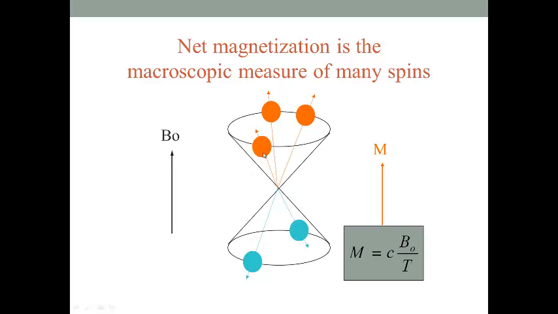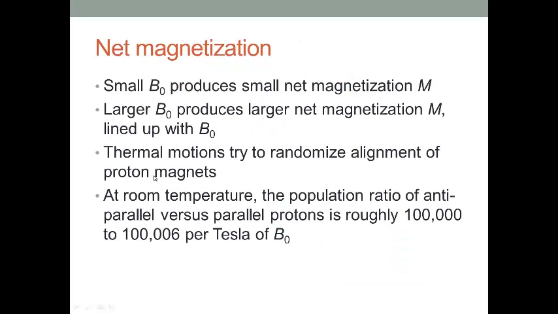If the temperature is low, they move slowly. If the temperature is high, they move fast. So generally the thermal motion tries to randomize the alignment of the proton magnets, but B0 is making them line up.